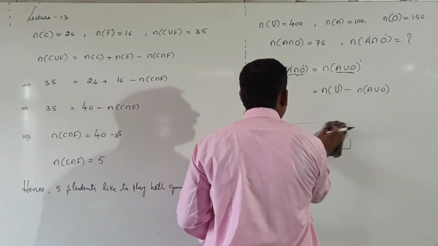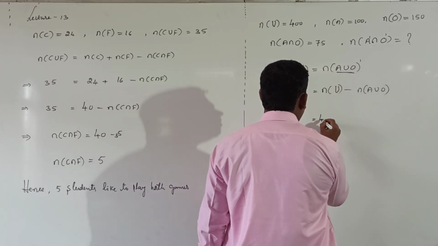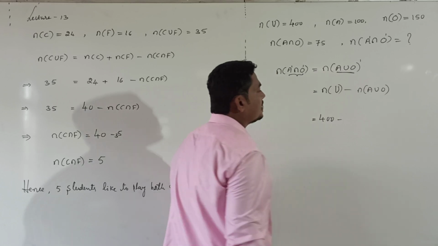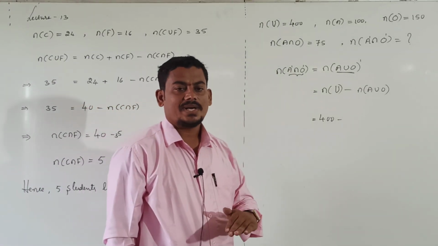Now n of U value they already gave: 400 minus, but n of A union O they have not given.